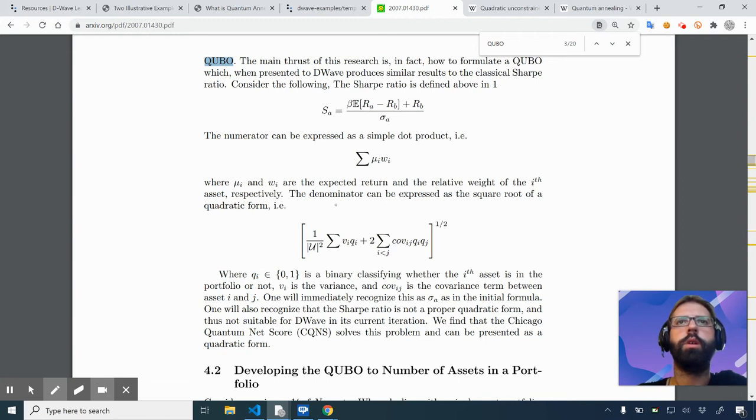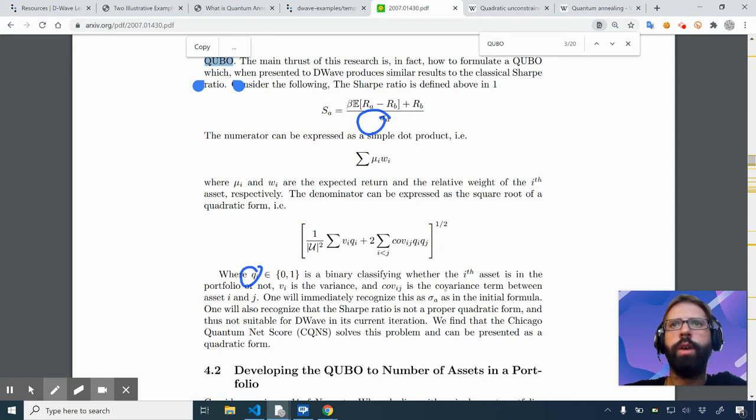The denominator can be expressed as the square root of a quadratic form. So q_i is the binary representation of whether we're taking this asset or not. The sigma_i is the variance.